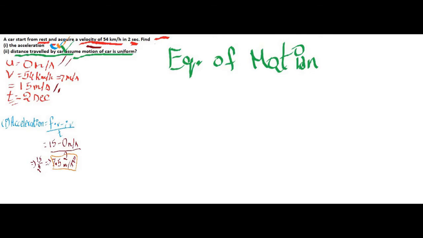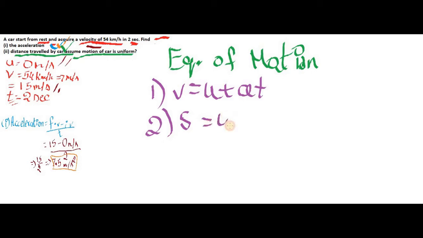So, a very quick revision of equations of motion. What is the first one? v is equal to u plus at. It's the first one. What is the second one? Quick. s is equal to ut plus half at square.